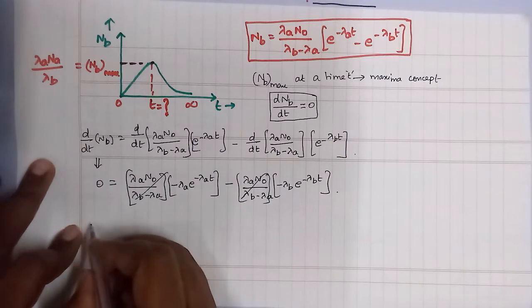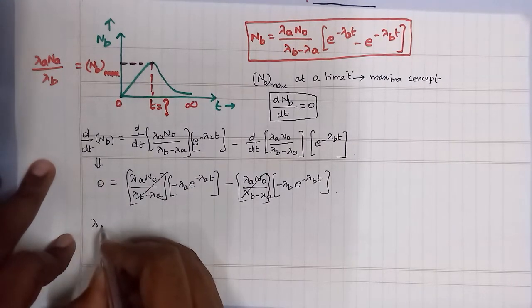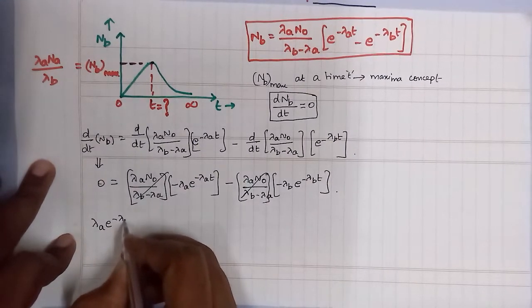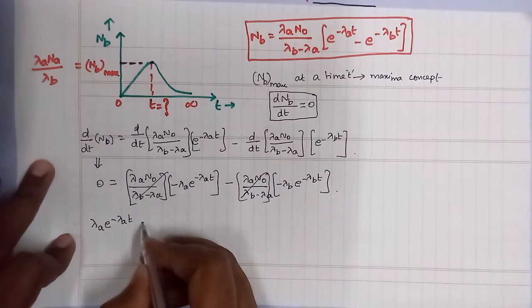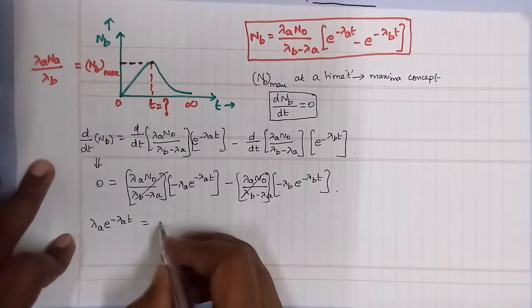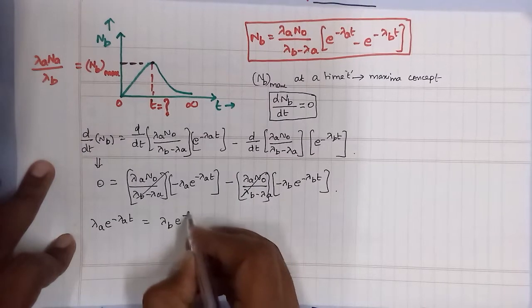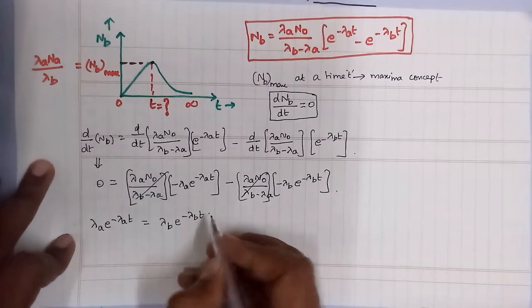When you take this term to the left side, this will become lambda A e power minus lambda A t is equal to lambda B e power minus lambda B t.